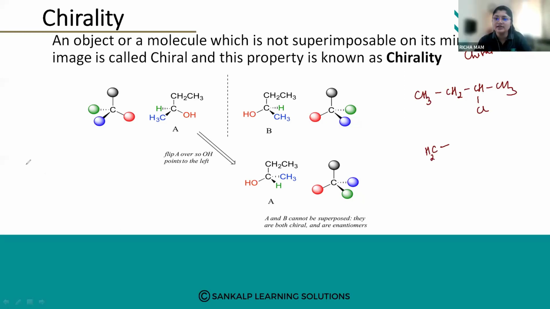Because here you can see there are four different groups attached. For the second carbon, CH2, it has H and H, the same, so this is not chiral. Here CH3 has three hydrogens, so no. Only one chiral center is possible, that is at CH.